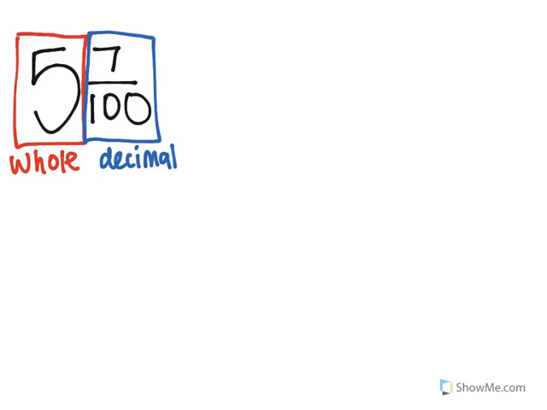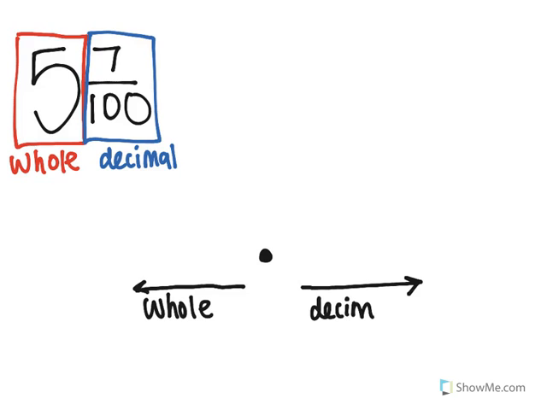It's part of a whole, but it's smaller than a whole. So I draw my decimal point. Anything to the left is whole numbers. Anything to the right is the decimals, or the numbers that are smaller than one whole. So I have 5 wholes, so I'm going to put it in front.